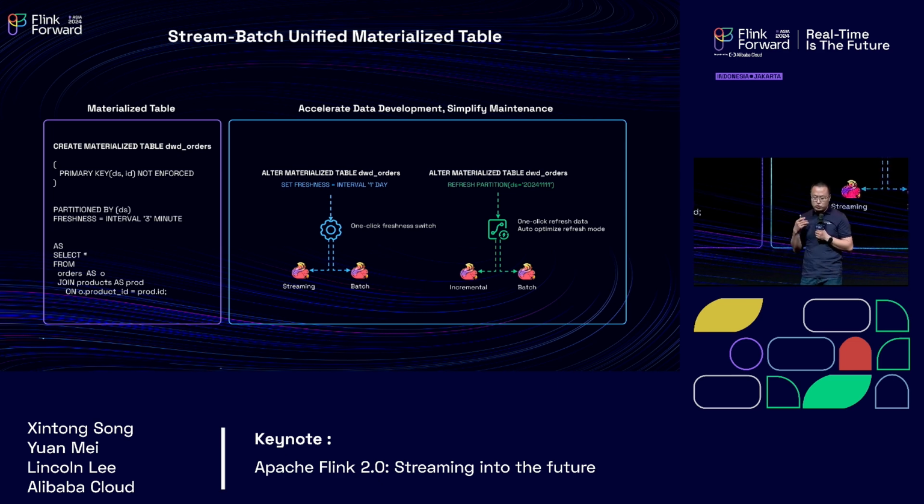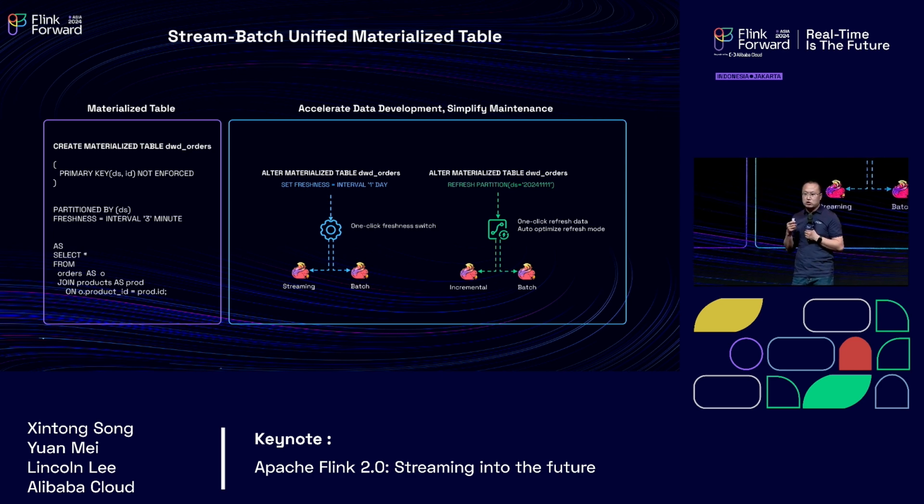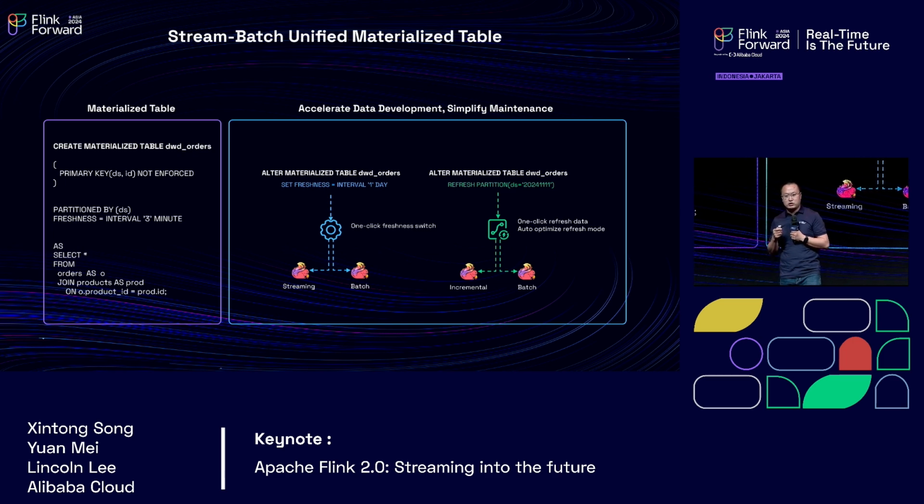So when users use materialized table, they can improve their maintenance work in addition to writing one piece of code. For example, during a promotion, we provide users with second level real-time data.